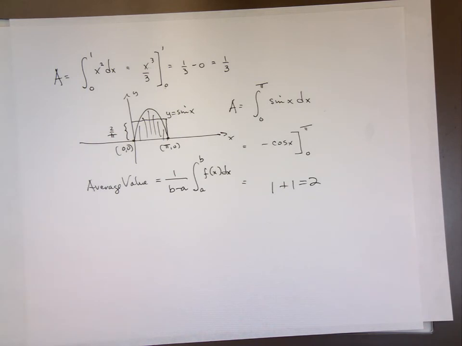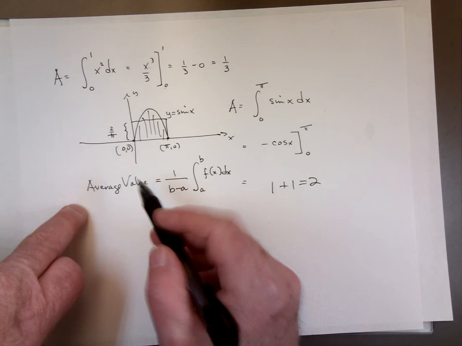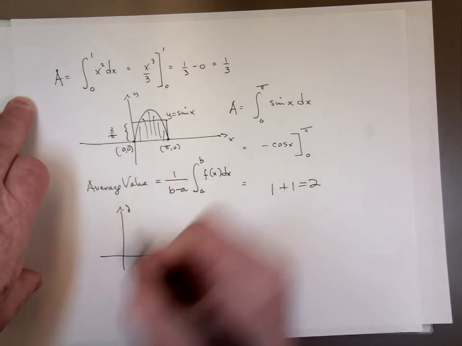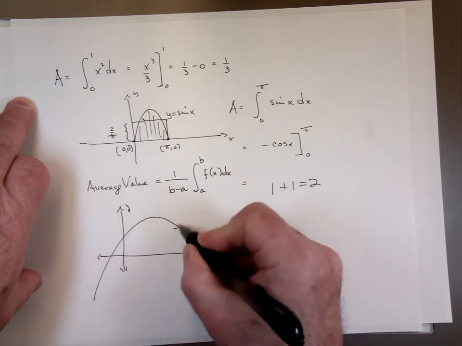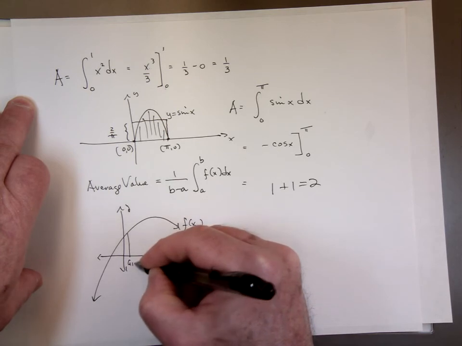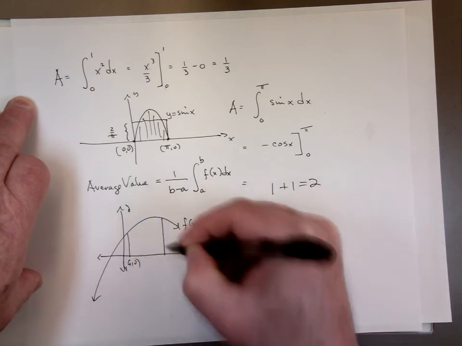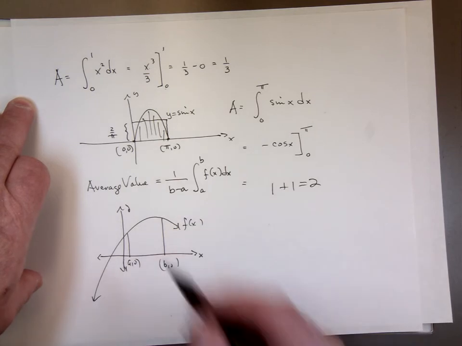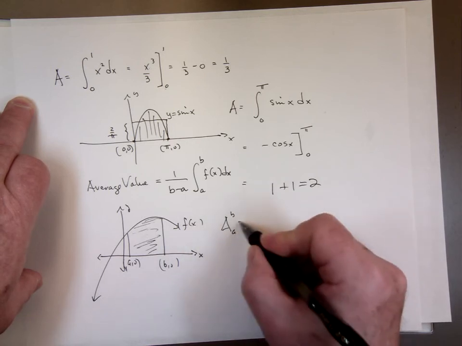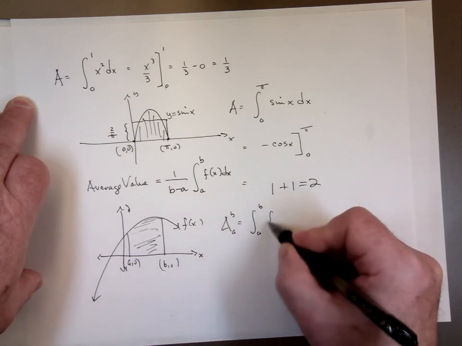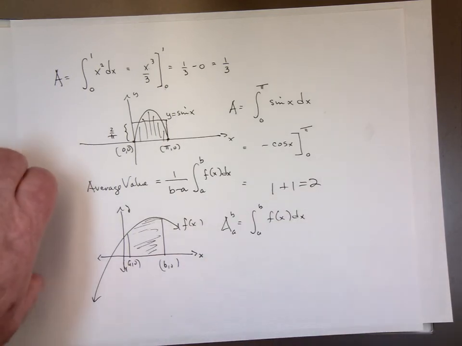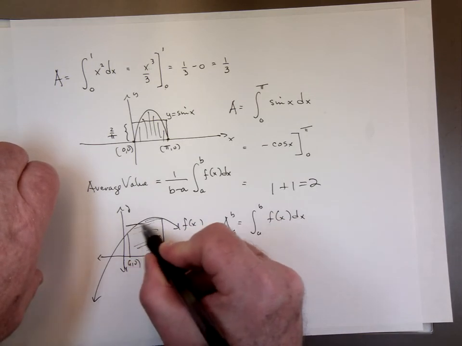In general, here's a function. The area under this curve, the area from a to b, is the integral from a to b of the function. The average value is the height of that rectangle whose area is the same as the area under the curve.